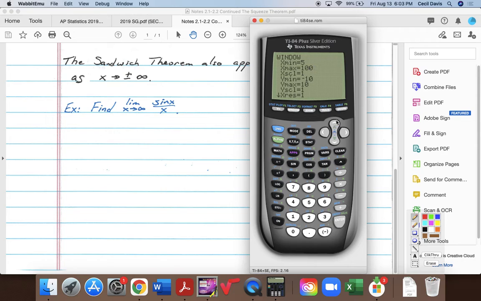Let's go 10 to 100 and let's count by tens. That's going to be really, really small. So I'm going to make my minimum negative 0.2 and make my maximum positive 0.2, and I'm going to go by 0.1. Let's see what that graph looks like.